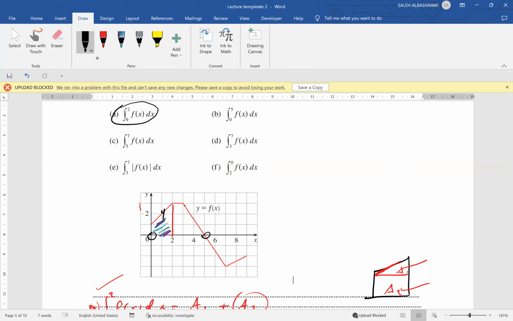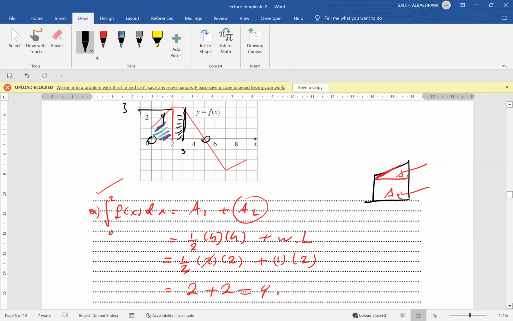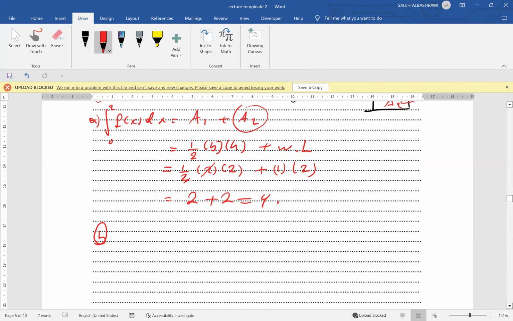And we have another shape from 2 to 3. It is a rectangle. And 3 to 5 is a triangle. The height is 3. So just memorize these. So from 0 to 5, the integral of f of x, we can say it is A1 plus A2 plus A3.